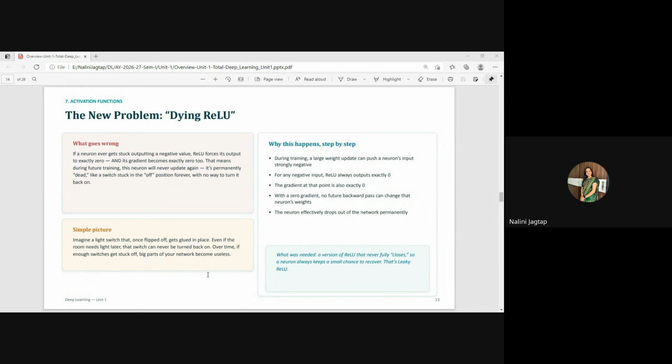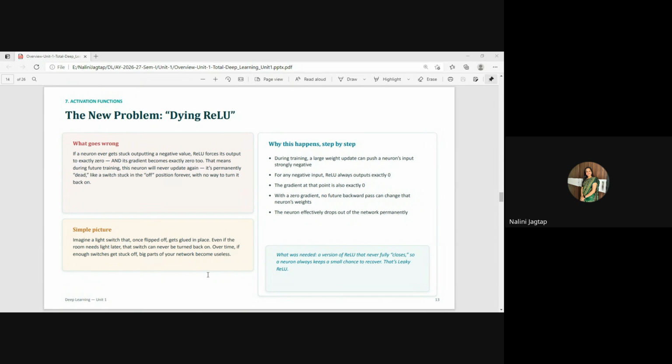A gradient of exactly zero means backpropagation has absolutely nothing to work with at that neuron. So no further backward pass, no matter how many more training steps occur, can ever change that neuron's weights again. The neuron has effectively died permanently, and it will contribute nothing to the network from that moment forward.